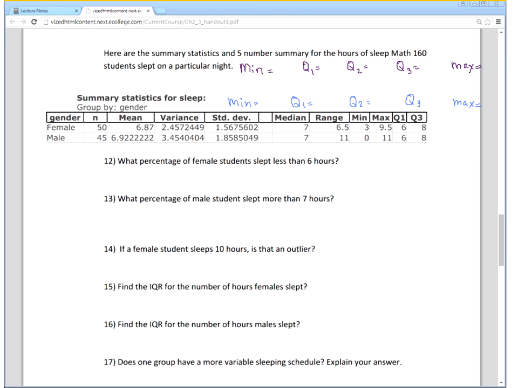Okay, so let me go ahead and see what you have here. So I'm going to go ahead and write down the information up here. So for females, we have 3 is our minimum value.